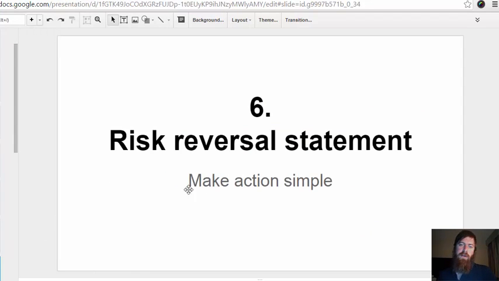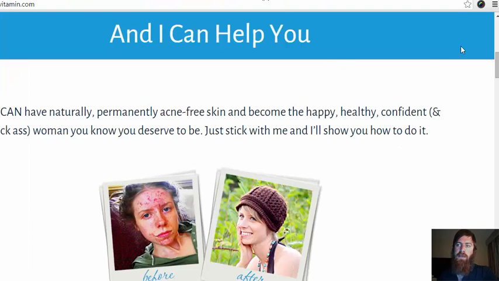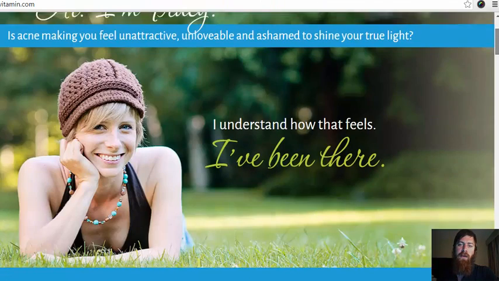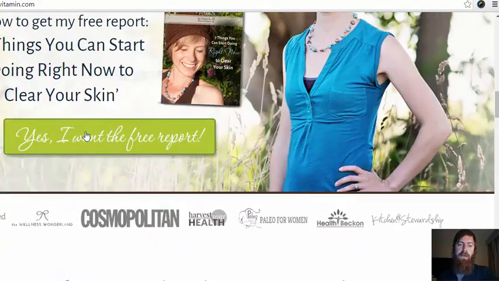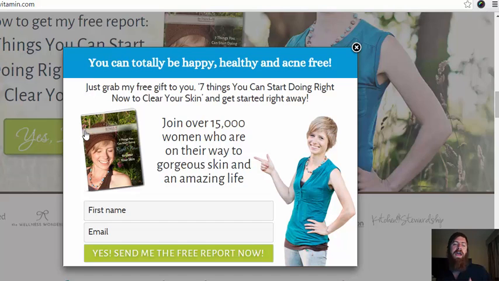So the next factor is risk reversal statement. You want to always make the action really easy for the customer to make. So let's look at the Love Vitamin page. They made it easy because they're giving them a free report. So it's easy to take action because you don't have to actually put down your credit card.